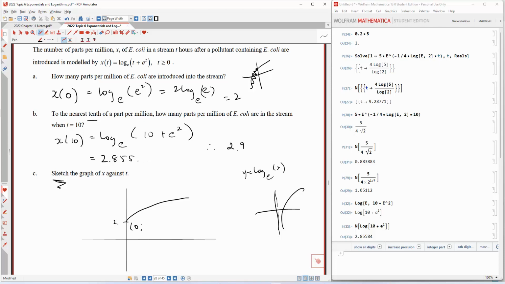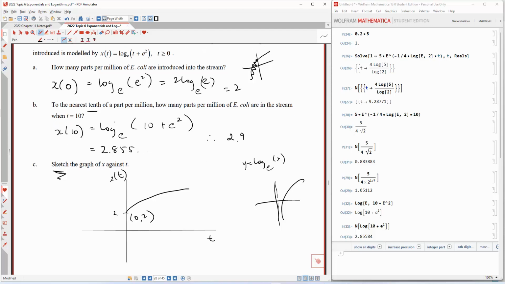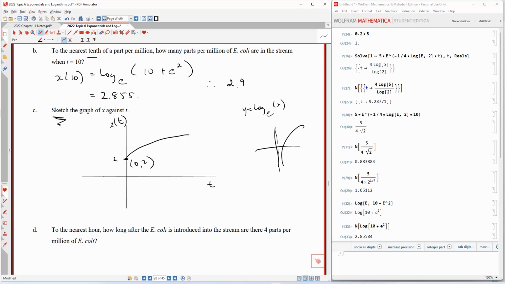So we're going to say 0, 2. This is t, this is x of t, and that'll do for a sketch. Don't need to put the asymptote in really because it's out of domain.